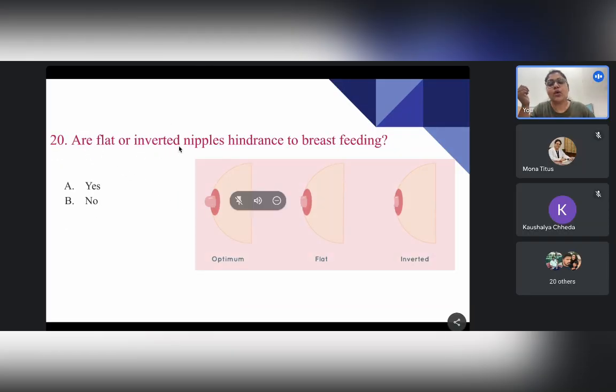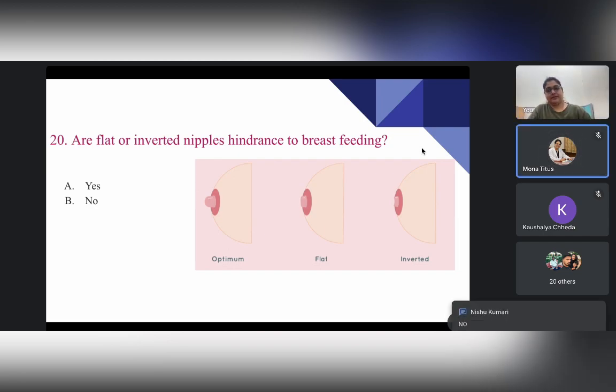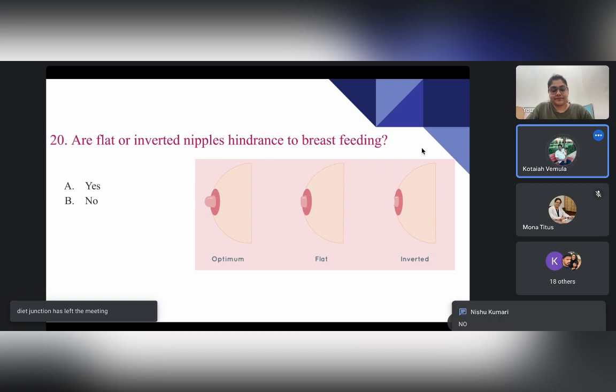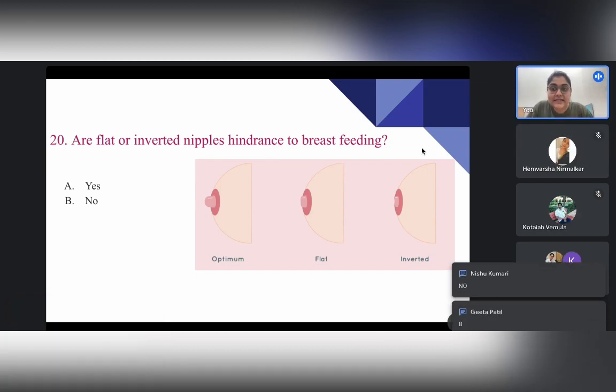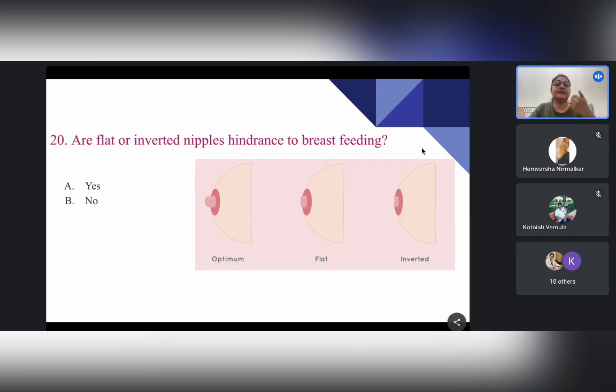Are flat or inverted nipples a hindrance to breastfeeding? No, ma'am. Right. No, B. So as we have gone through it, physiological or anatomical changes will be there in every woman, but that doesn't mean that it is a deformity, right?